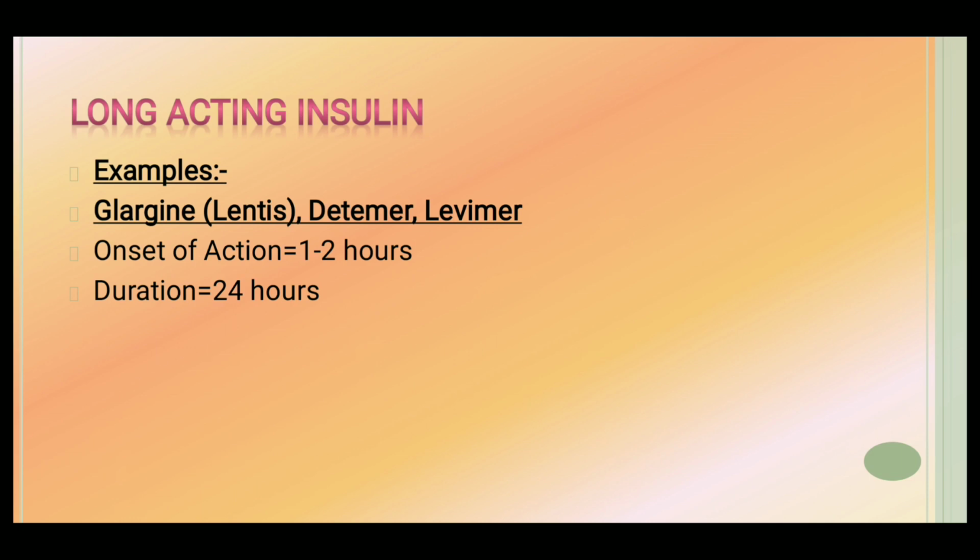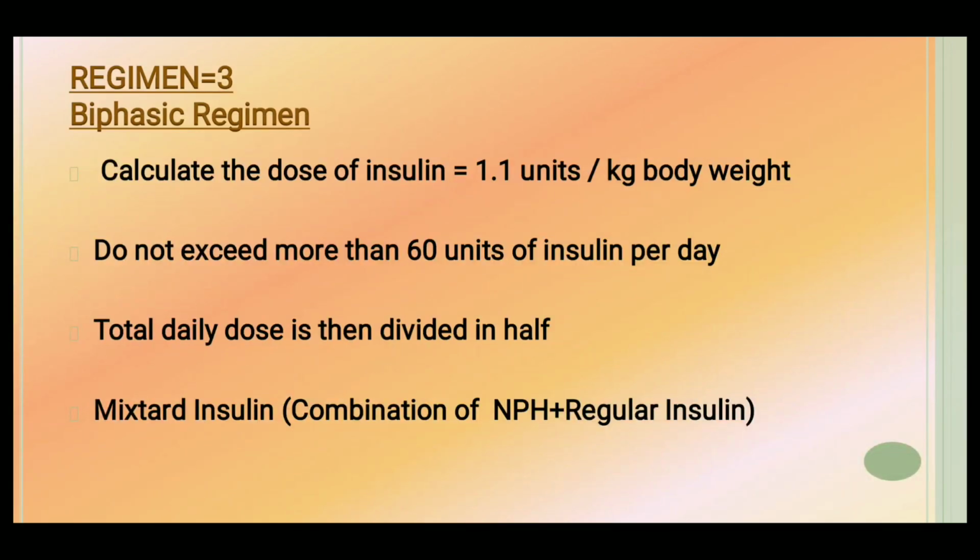Now coming to regimen 3, which is called the biphasic regimen. It's a type of regimen which is not usually preferred. Calculate the dose of the insulin, which is 1.1 units per kg body weight.